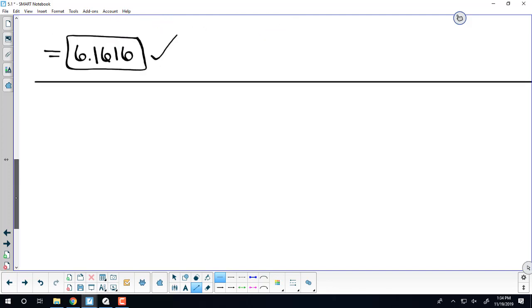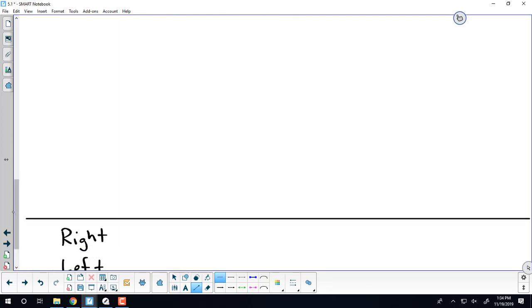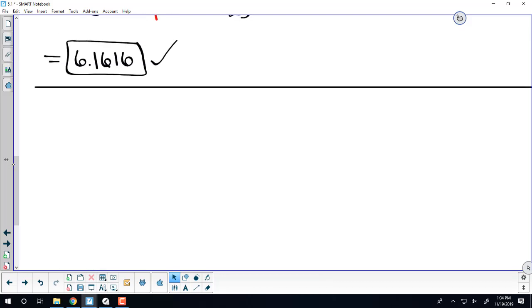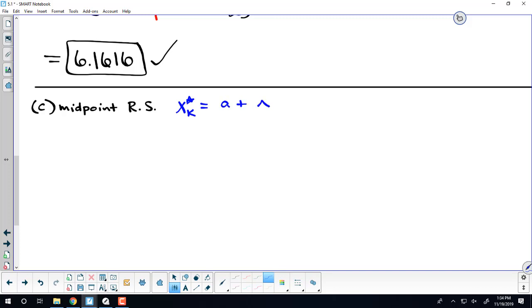And then finally, the midpoint Riemann sum. For the midpoint Riemann sum, our x star sub k is a plus delta x times k minus a half.